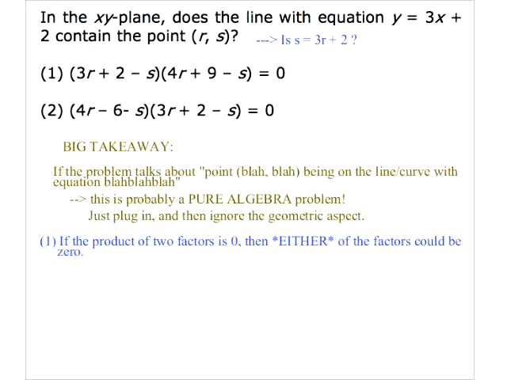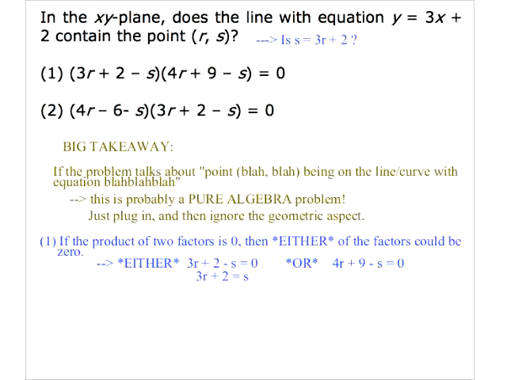So that means this is either, not both, S equals, I mean, if 3R plus 2 minus S equals 0, then that means that 3R plus 2 is S. Or this. So this would be 3R plus 2 equals S. But this is 4R plus 9 equals S.